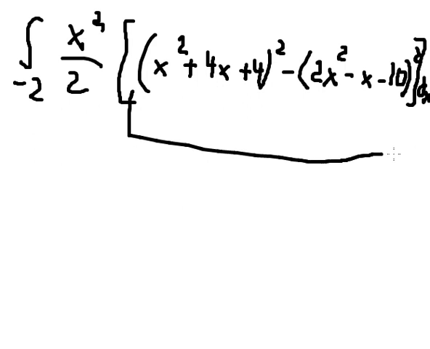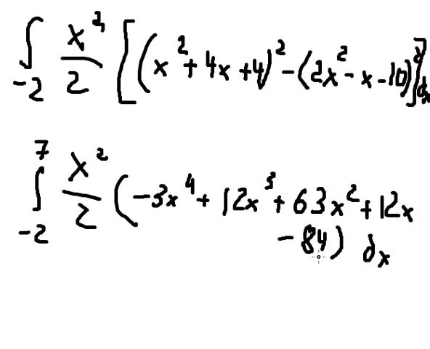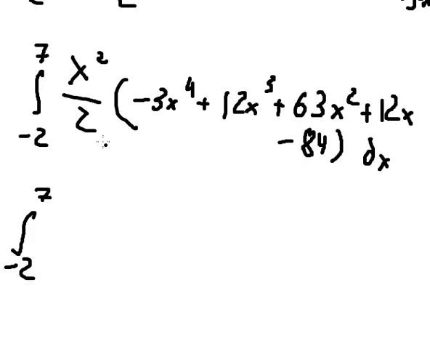And now we need to expand this one, so that should be like this. So that should be like this. And now x squared distributes for this one, and so on.